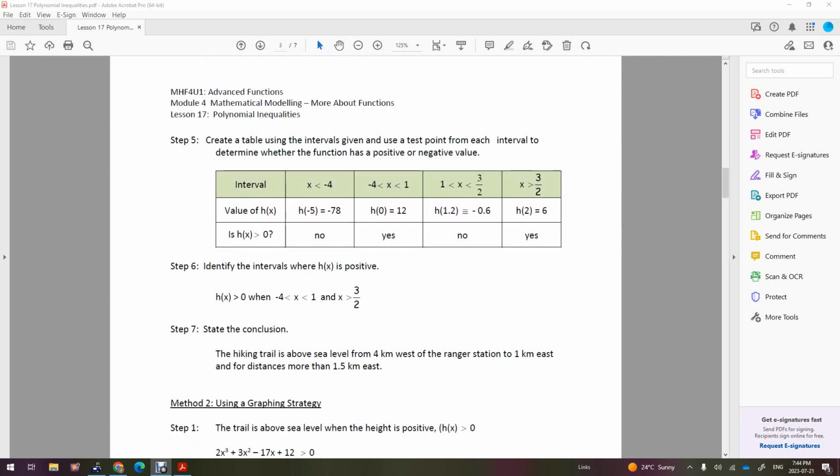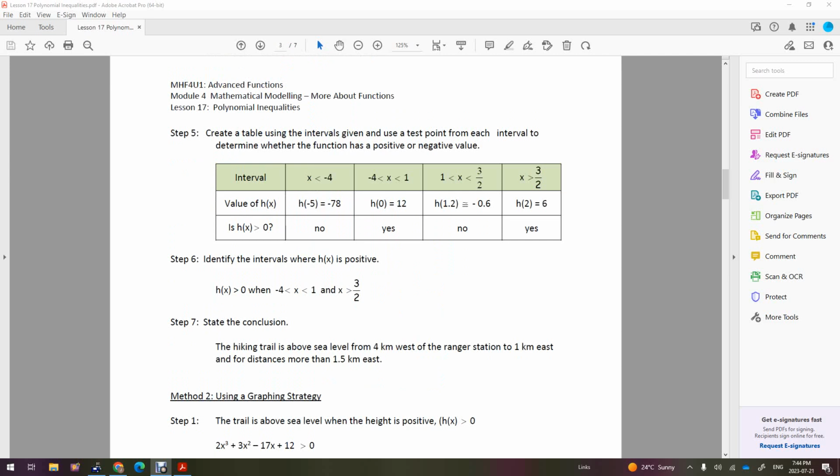Now, from there, you're going to create a table using those intervals. So in green, because they are headings, we write interval: x is less than negative 4. Second interval, negative 4 is less than x is less than 1. Third interval, 1 is less than x, which is less than 3 over 2. And the fourth interval, x is greater than 3 over 2.